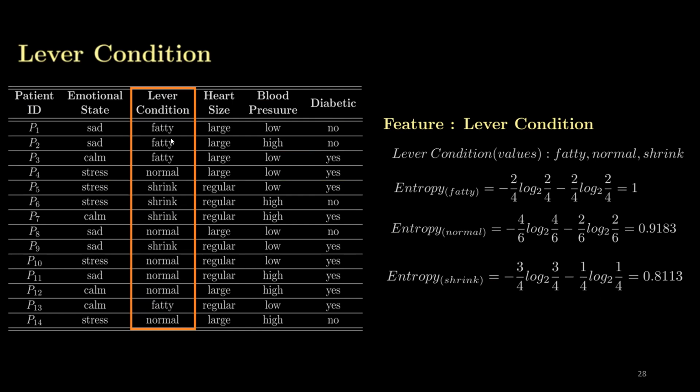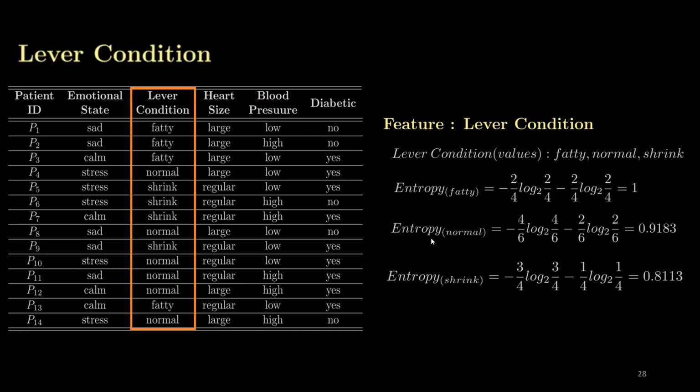So it is equally present for class no and for class yes. Therefore, its entropy is 1. If you go to the previous lecture, we have discussed that when all the labels are equally divided in the classes, the entropy will be high, and the maximum value of entropy is 1.